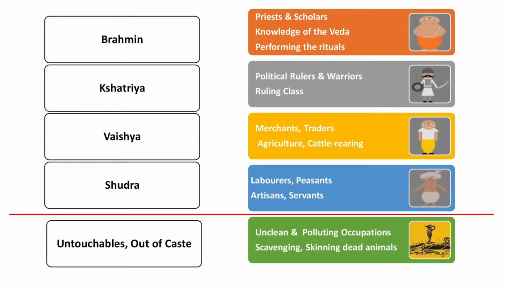Now, within this fourfold classification, what was not included within its ambit was another group which was at the very bottom, and they were considered the Untouchables, who performed occupations that were regarded as unclean and polluting, like scavenging or skinning of dead animals. They were considered outcasts or out of caste.